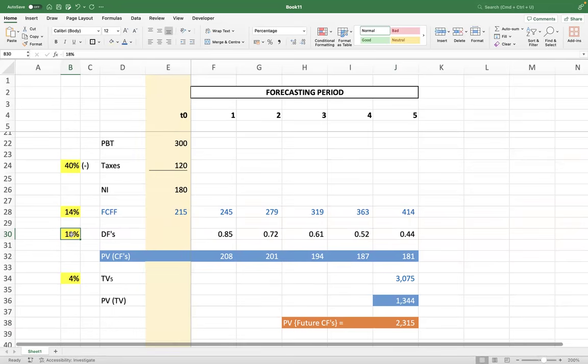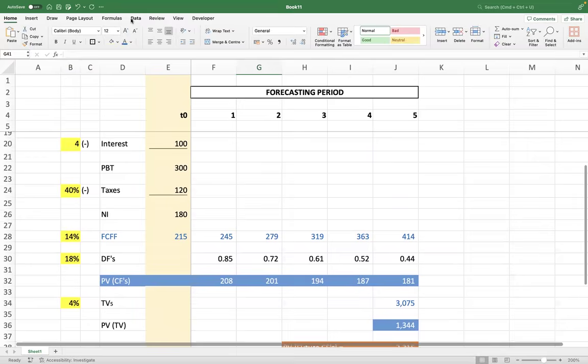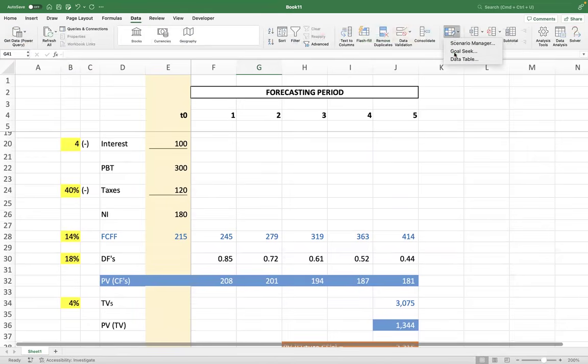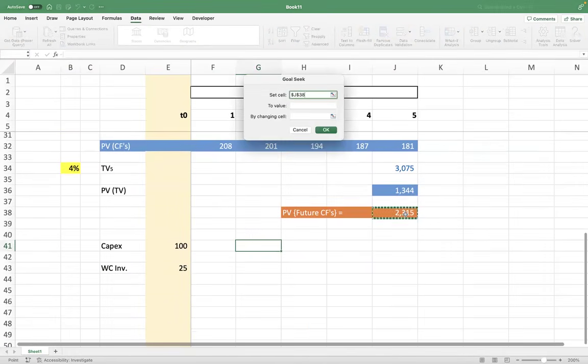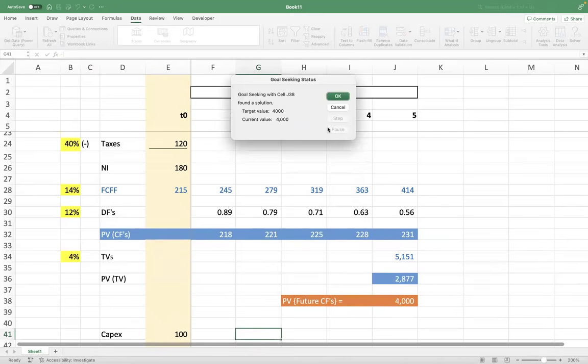If I want an enterprise value of 4000 CR, what should be my maximum WACC, weighted average cost of capital? So I'll just go to Data, What-If Analysis, Goal Seek, and I set my enterprise value to 4000 CR by changing my weighted average cost of capital, and I press OK.